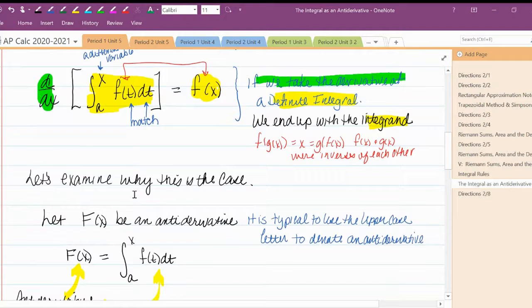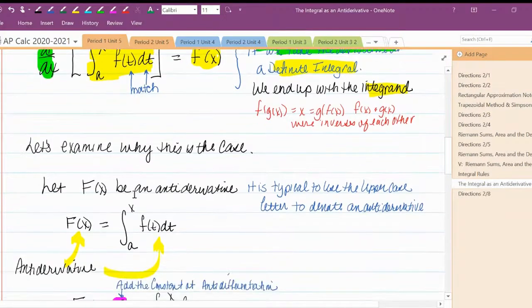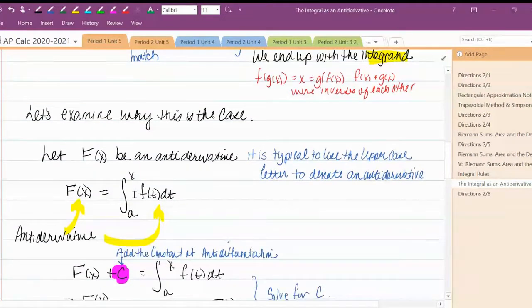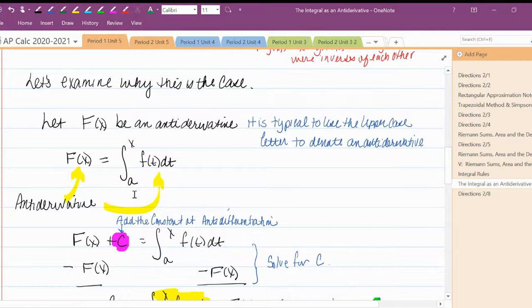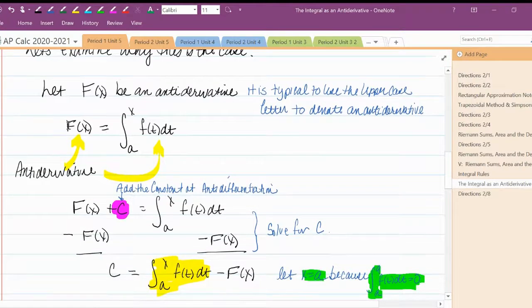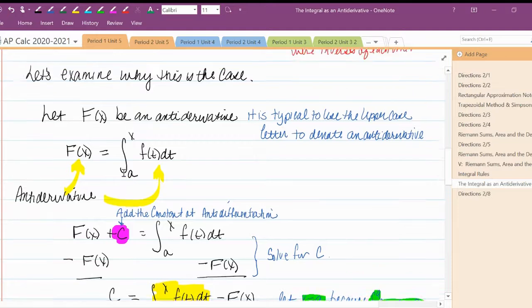I kind of wanted to see how we could look at our definite integral in a different way. So we're going to let F of x be an antiderivative. And it's typical to use an uppercase letter to denote an antiderivative.